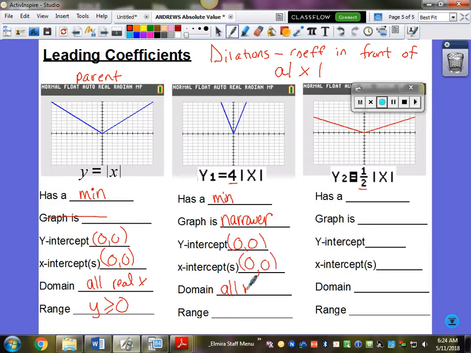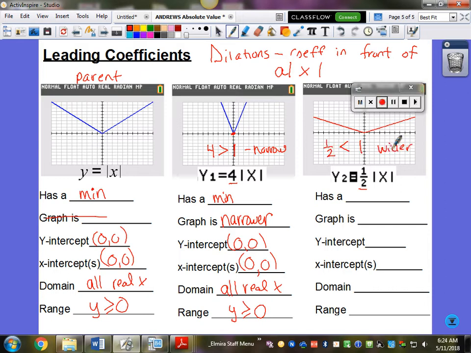Domain, still all real x. Range, here's my vertex. Y greater than or equal to 0. Now, if I put a number, so 4 is a number that's greater than 1. 4 is greater than 1, so that makes it narrow. If I put a number like a half out in front, where a half is less than 1, it makes it wider.